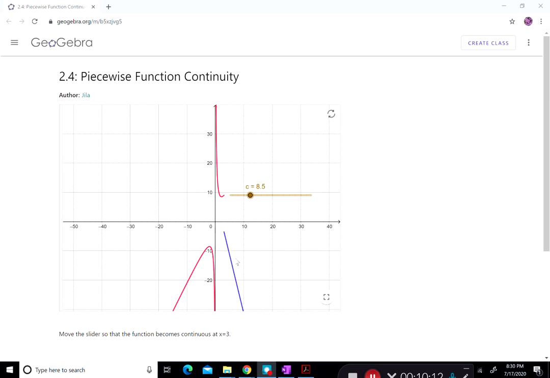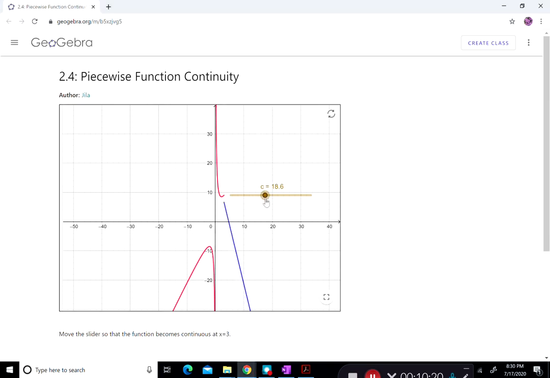But the linear function has a constant c, and c can change, so basically you can bring that little piece of the line up or down, and at some point they become connected to each other.